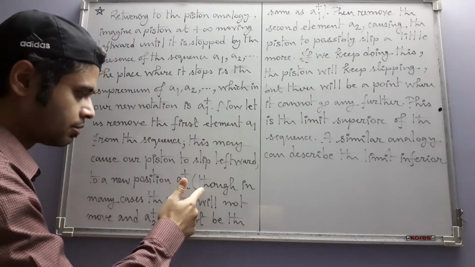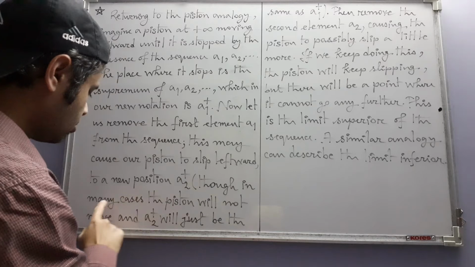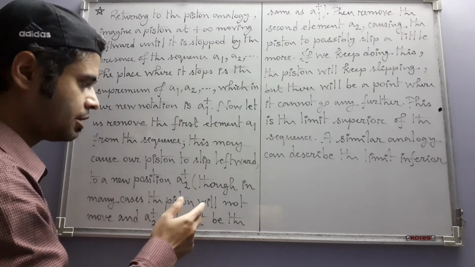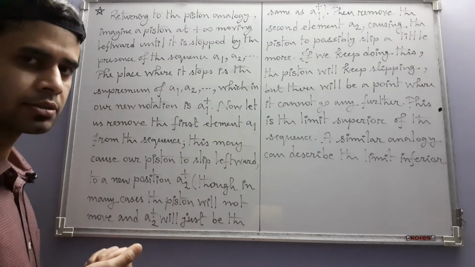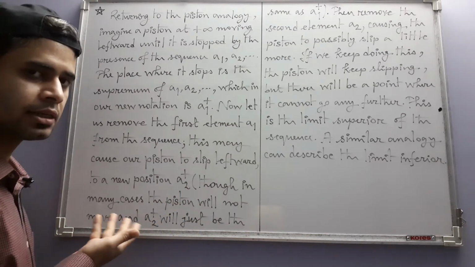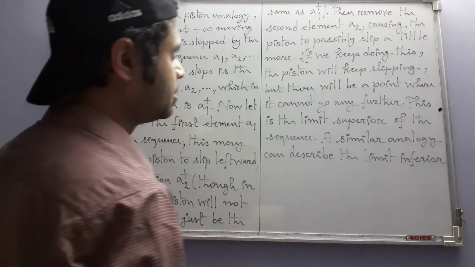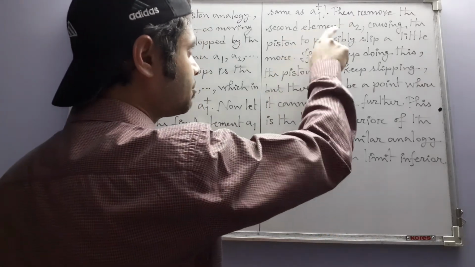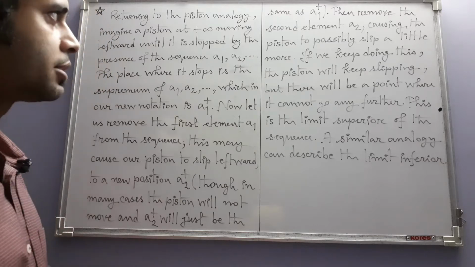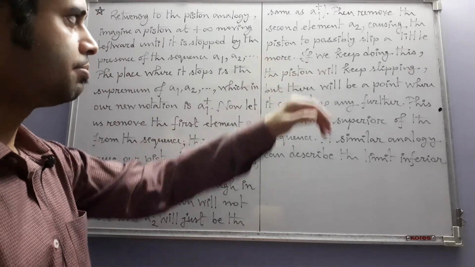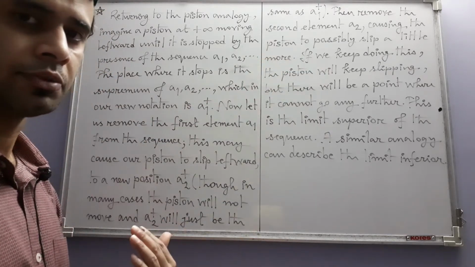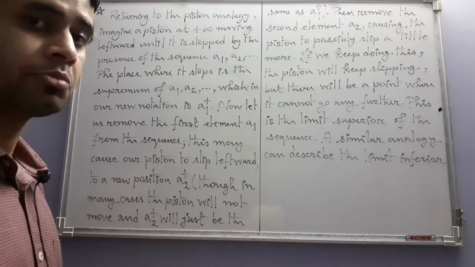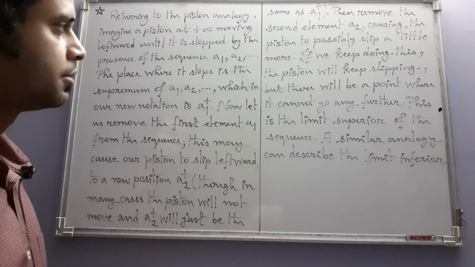That's what the author writes here. Though in many cases the piston will not move and A2 plus will just be the same as A1 plus. We have seen this in the examples. Then we continue this removal. We then remove the second element A2, causing the piston to possibly slip a little more towards the left, giving rise to the new position A3 plus.